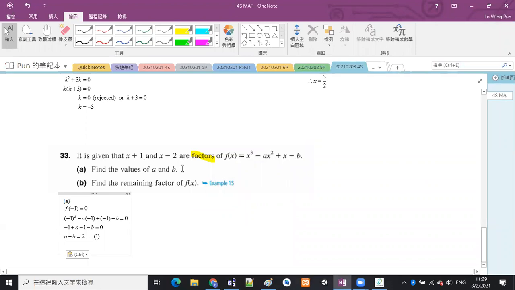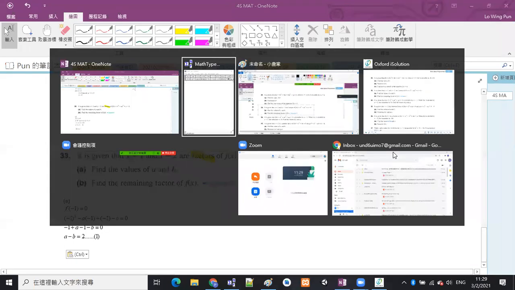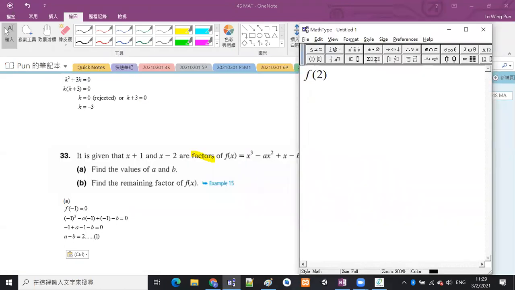Okay, and then for the second information, x minus 2 is also a factor. So f(2) is also equal to 0. But what is f(2)? It is calculated by this, and it is equal to 0. And then we have 8 minus 4a plus 2 minus b equals 0.